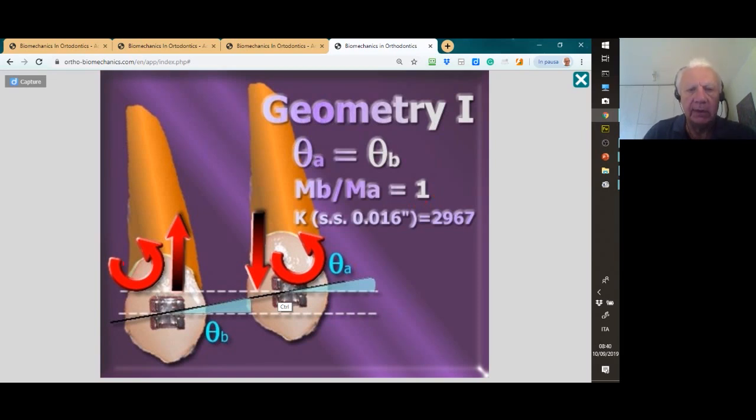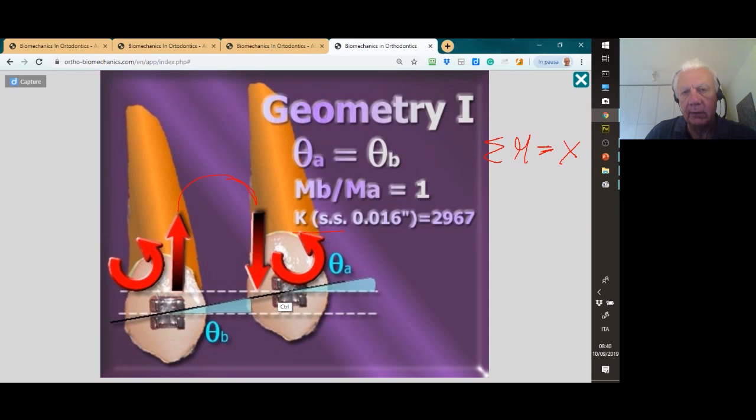Since we have two moments that go in the same direction, we will have a sum of all moments, which is an x amount, and this means that we have two forces. We need to have two forces to equilibrate the system, otherwise the system is not in equilibrium. And you see that these two forces are generating a moment which is clockwise and is equilibrating the sum of the two moments which are counterclockwise.